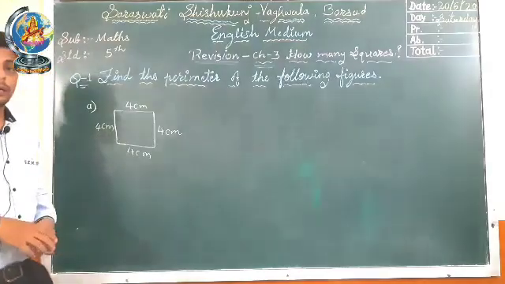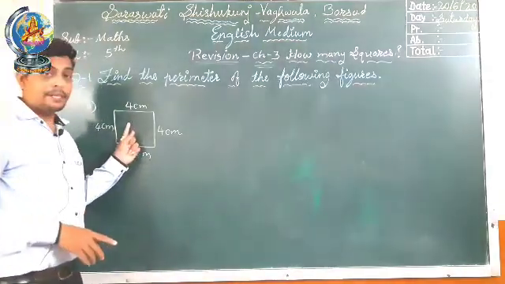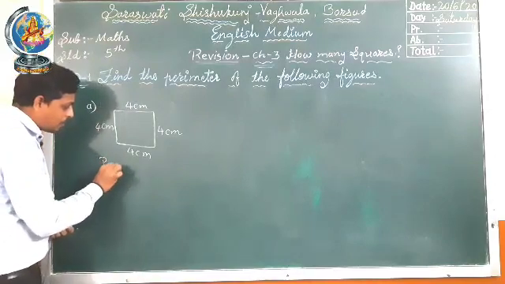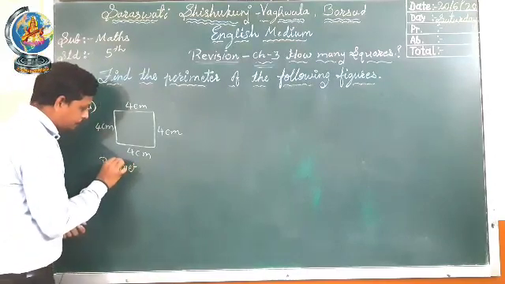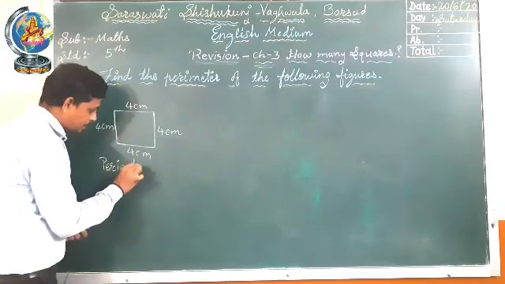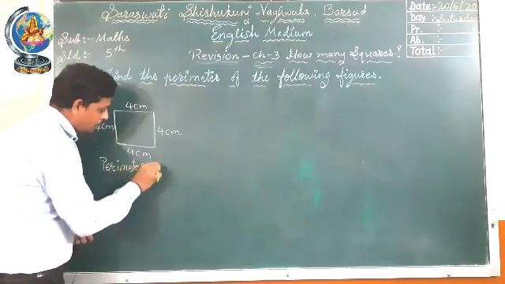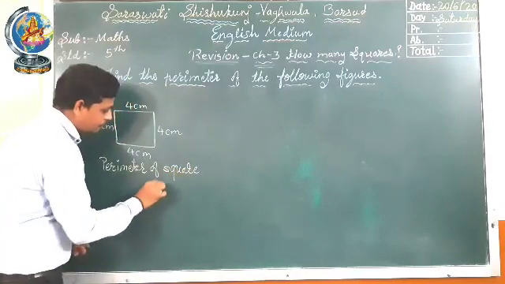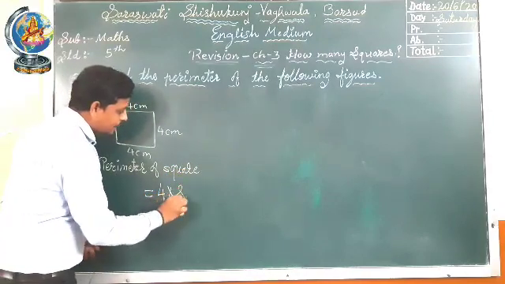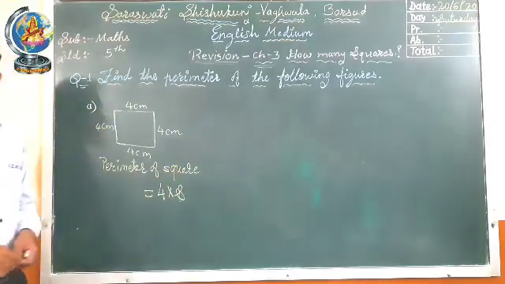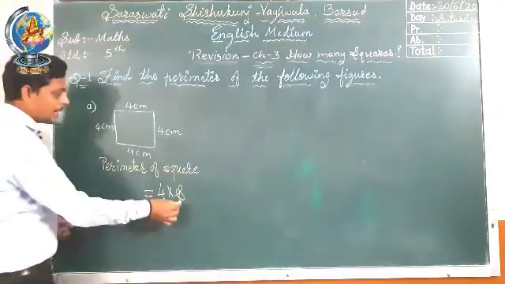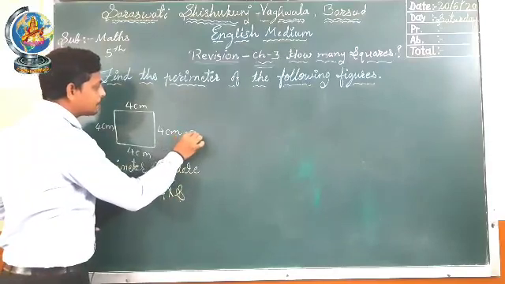Now, what is the formula for finding perimeter of square? We know. What is it? Perimeter of square is equal to 4 multiplied by side. So, what is the side given? This is the side.